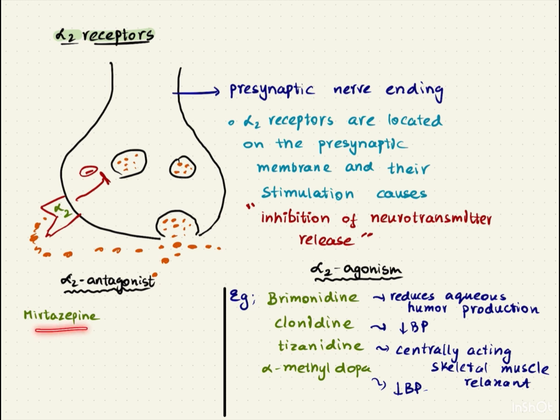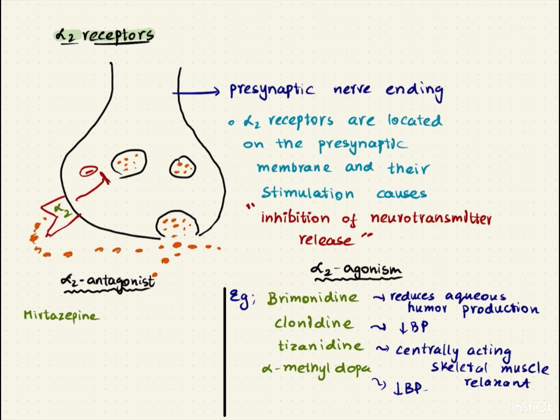We have mirtazapine, which is an alpha 2 antagonist, and it is an atypical antidepressant. And we have several drugs which are alpha 2 agonists like brimonidine, clonidine, tizanidine, and alpha methyl dopa. As you can see here, most of the alpha 2 agonists have the suffix nidine, except alpha methyl dopa, of course.